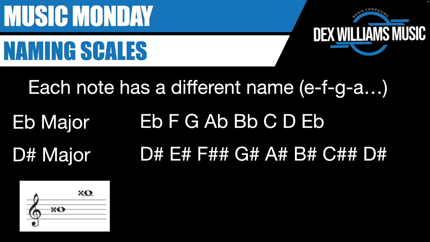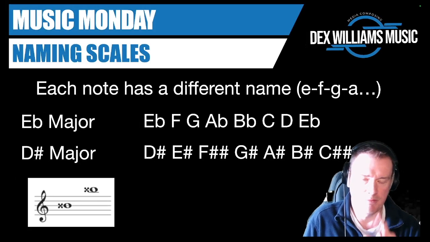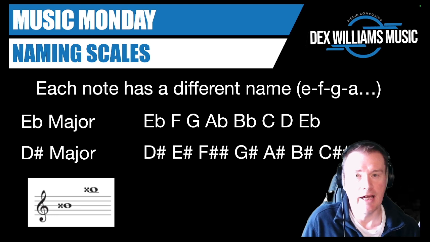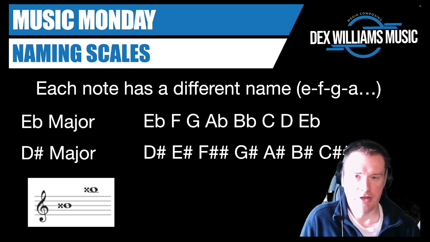If you see that written in music at the bottom left there, you can see it is a bold X that is marked next to the note if it's a double sharp. Now, in practice, D sharp major isn't used because it sounds exactly the same as E flat major.